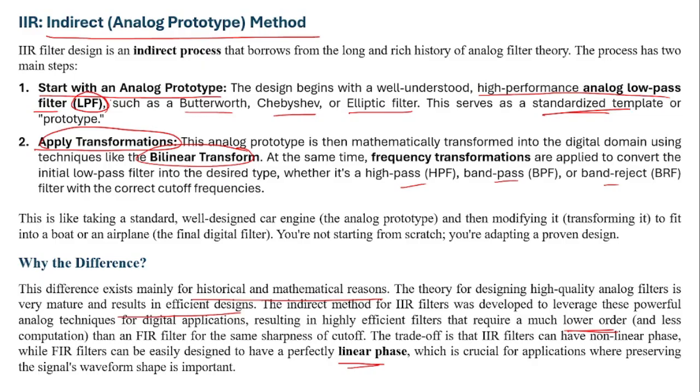But the problem is that in an IIR filter, the amplitude and the phase components are interrelated and are considered at the same time. Because of this, if you try to manipulate the amplitude response, your phase response gets distorted, and vice versa.